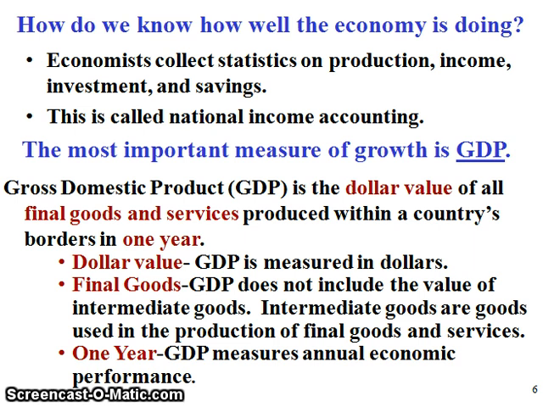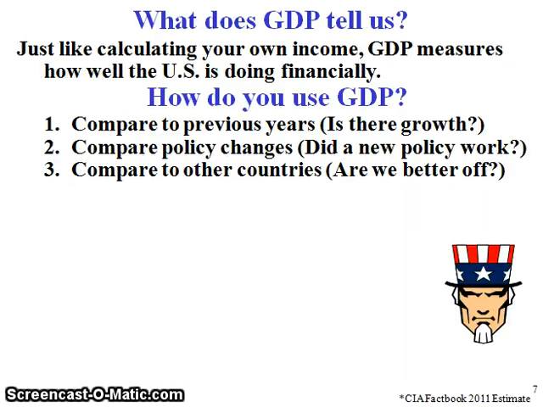What it does not include is the Bose stereo system that is inside of your vehicle, which may retail for $400 on the market, but those two things, the car and the radio, are not counted separately. So intermediate goods being goods used perhaps in the production process, or goods that could be sold separately but aren't. They're just counted once. We want to avoid double counting is the idea, so that GDP is not inflated. All right, and again, one calendar year, so we can compare economic performance annually and consistently over time.